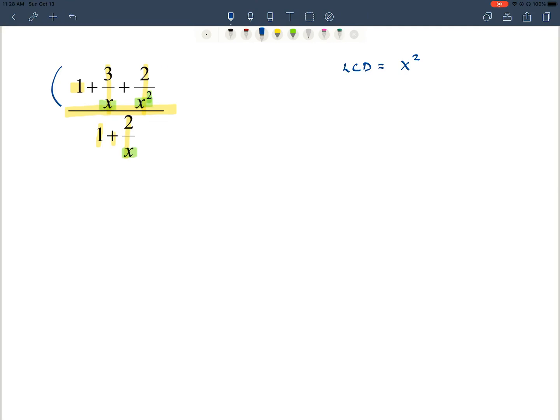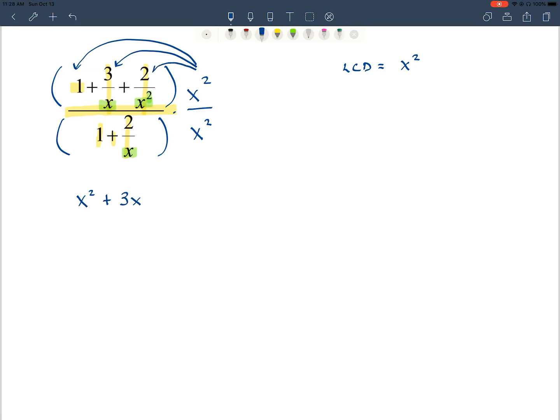So we're going to take this here, we're going to multiply the top by x squared, and then we're going to multiply the bottom by x squared. So when we do this, we're going to multiply x squared times 1, which is going to give us x squared. X squared times 3 is 3x squared, and then we're going to cancel out an x, so we have plus 3x.